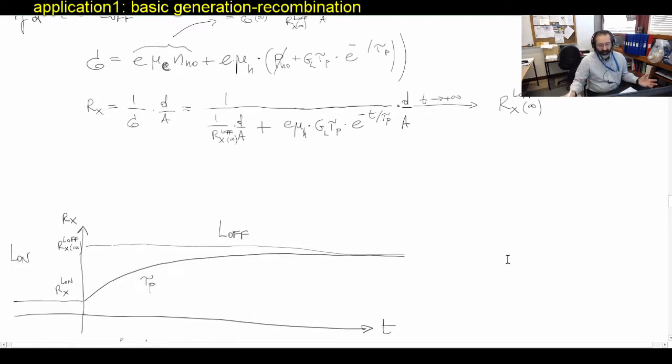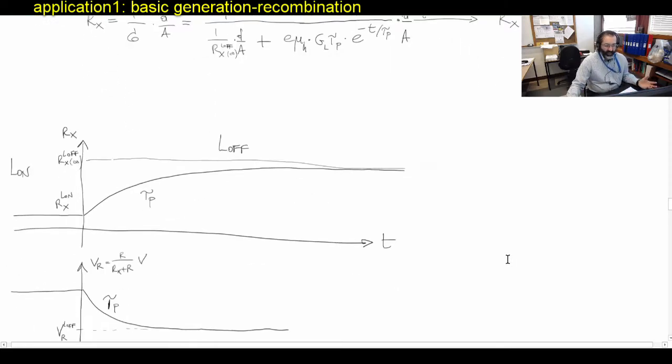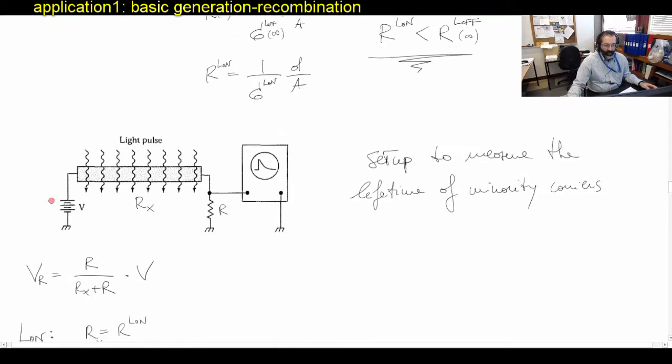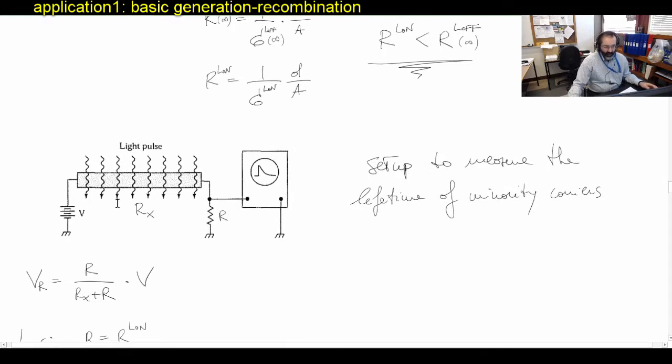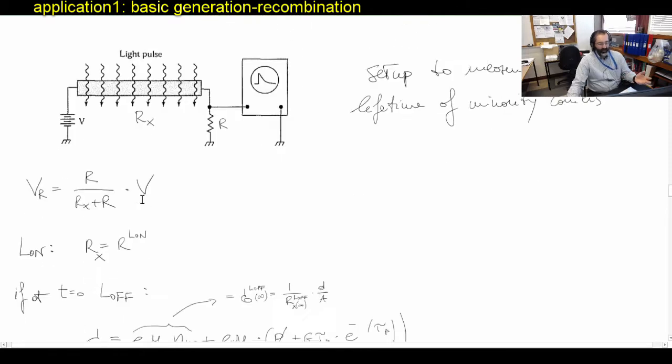So to make this long story short, what is the resistance of the semiconductor doing in this special experiment? Light is on, and so the resistance of the semiconductor is small because it becomes more conductive with light. Then we switch it off, and there will be a transient, and the resistance eventually recovers to the value it should have in thermodynamic equilibrium.